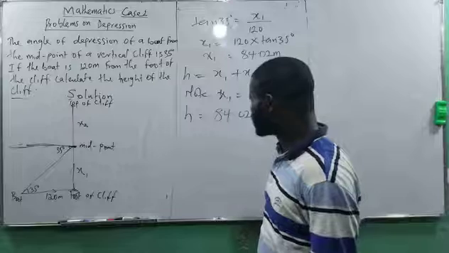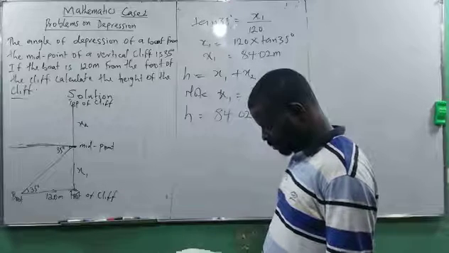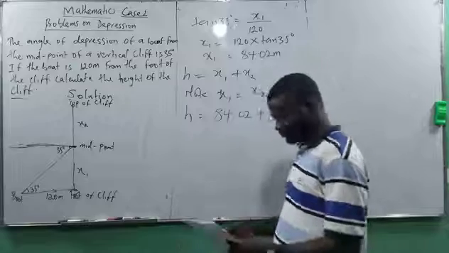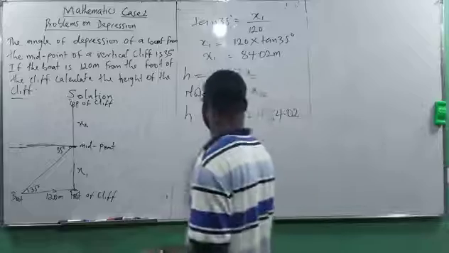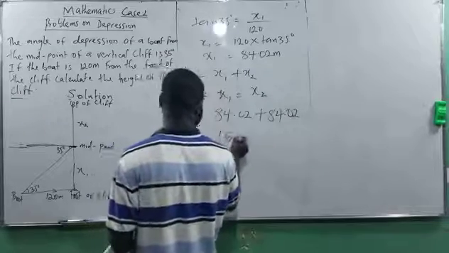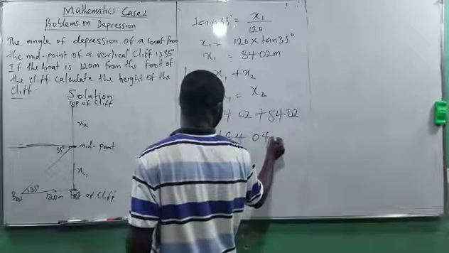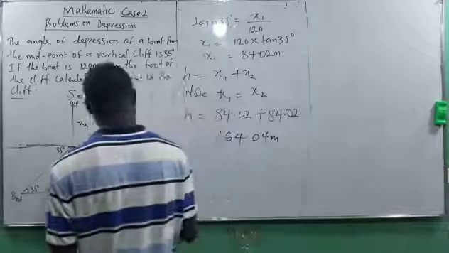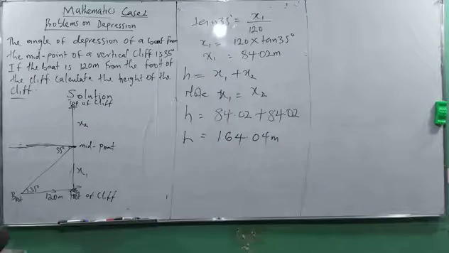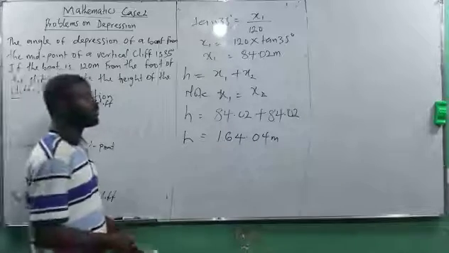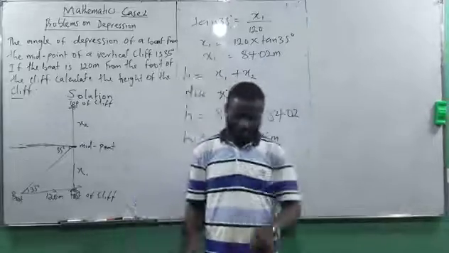Now, if I add the numbers together, it will be 164.04 meter. Is it meter, right? Yes, it's meter. That is the height. It means from here to here is 164.04 meter. Now I will be stopping here because of our time.